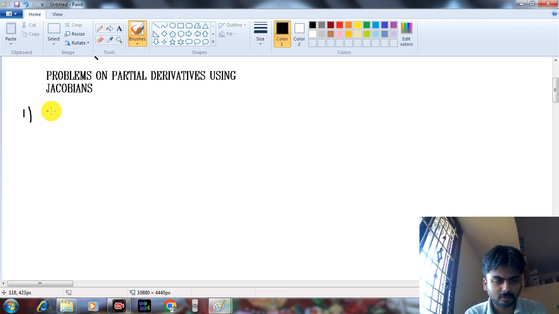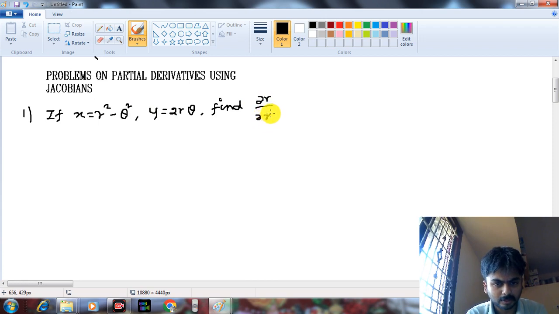That is, if x equals r² minus θ², y equals 2rθ, then we have to find ∂r/∂x, ∂θ/∂x.